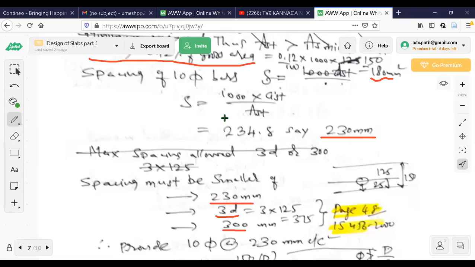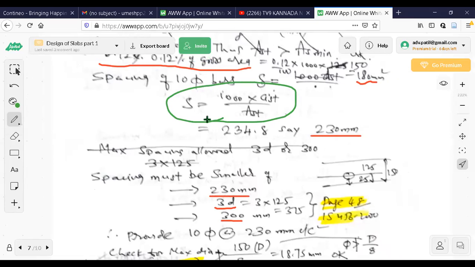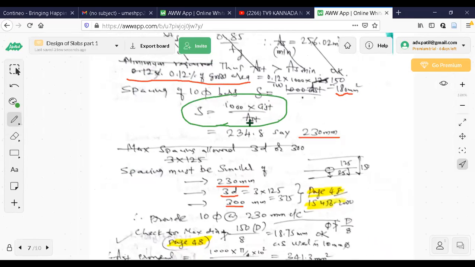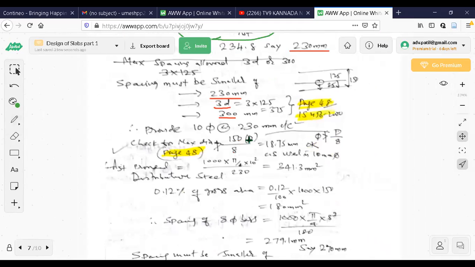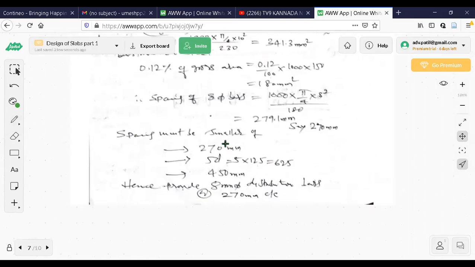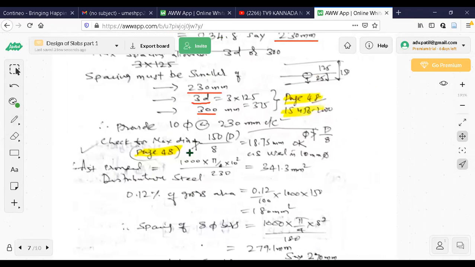Look at this formula here. Now, let us say I have finalized the spacing as 230 and the diameter as 10. Now I'll substitute here spacing 230, then pi by 4 into 10 square, and then I'll find AST. That will be the actual AST provided. That is how I have calculated it here.